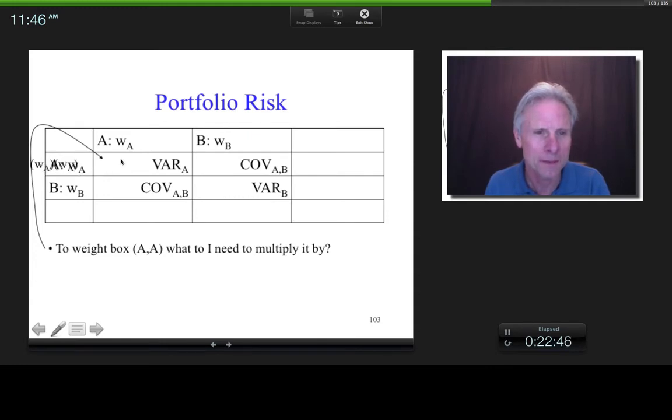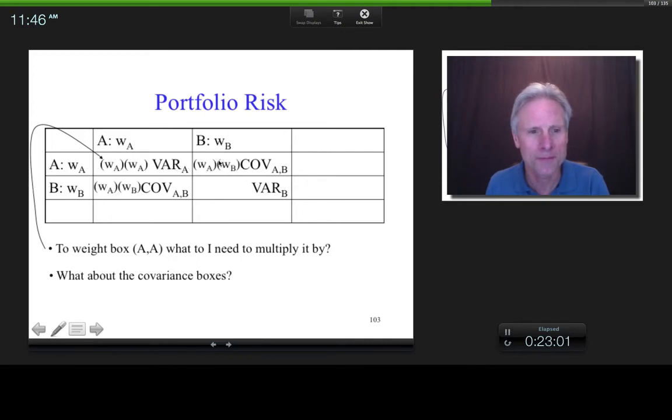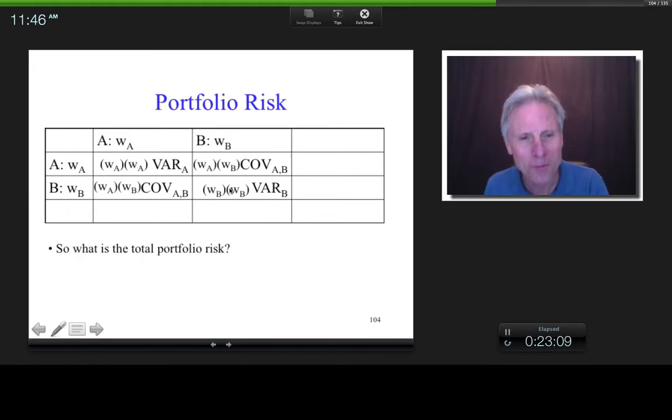Well, WA times WA, right? Or earlier with the numbers I used, 0.6 times 0.6. And what about the covariance boxes? What would I put here? WA times WB, right? And what about here? Well, WB times WB.